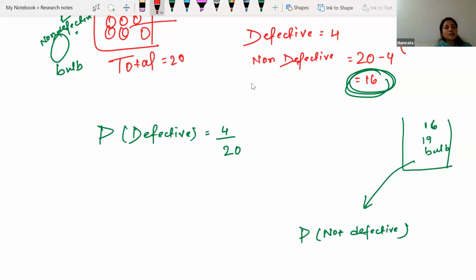Are you getting it? Let me explain. Let's say we are having a basket. In that basket, a total of 20 bulbs are there. Among those 20 bulbs, 4 defective bulbs are there, and obviously the remaining 16 are non-defective. That is the first case.